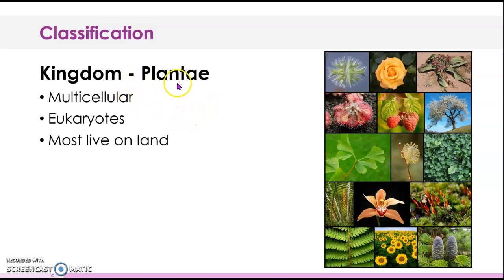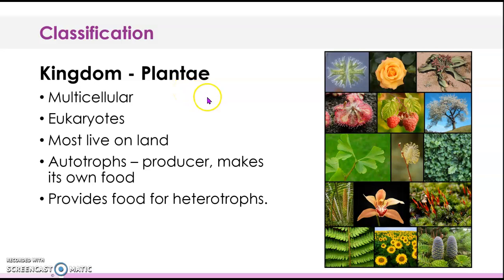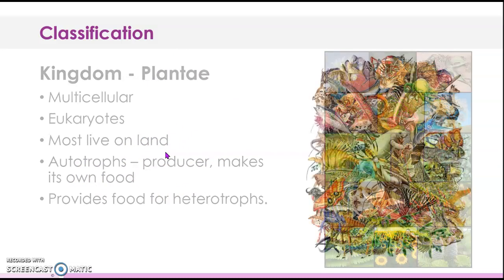They're multicellular, eukaryotes. Most live on land. Autotrophs, so producers make its own food. It provides food for heterotrophs, which means that when we eat our vegetables, we're eating the food that was produced from the plants.